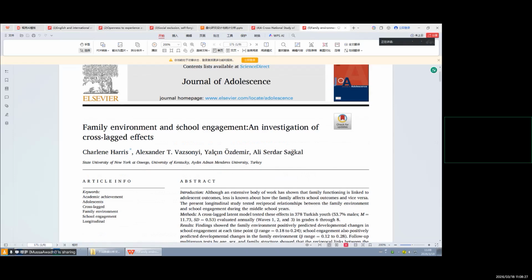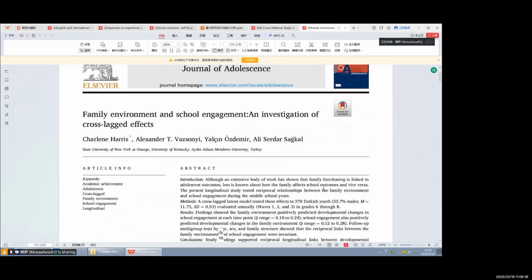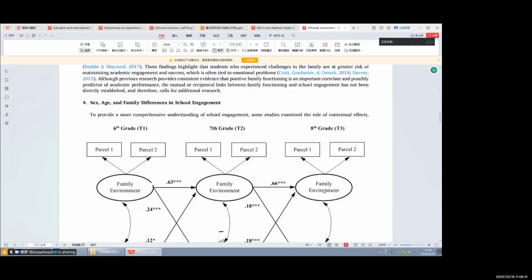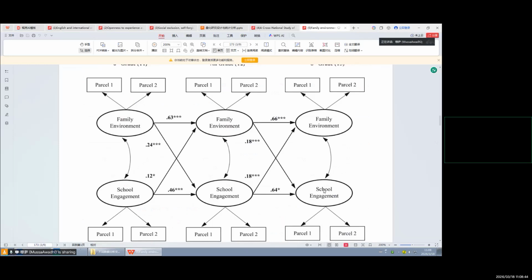You can see this examines the relationship between family environment and students' school engagement. Okay, you can see here. This is the finding. What is this difference?